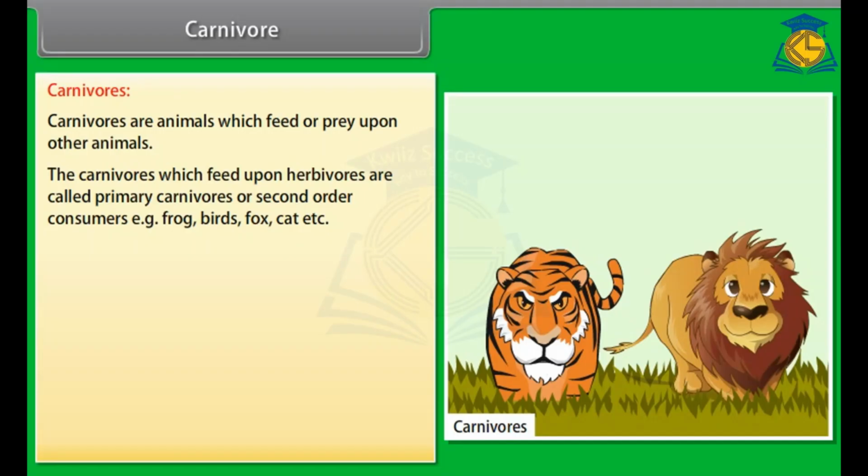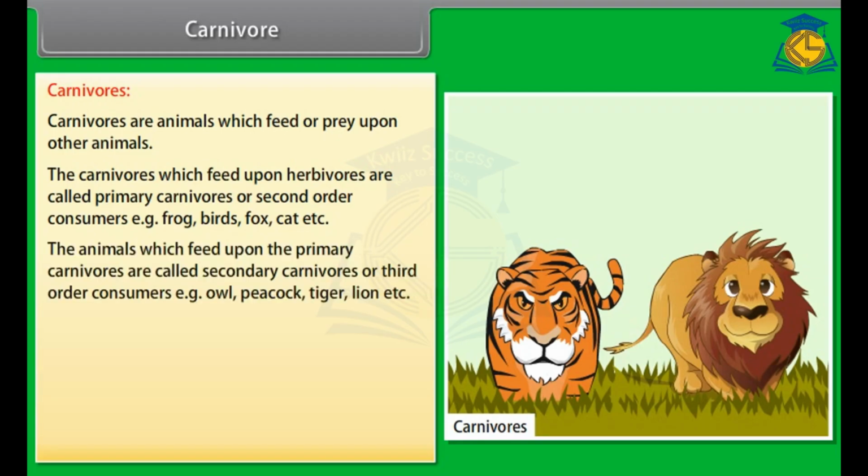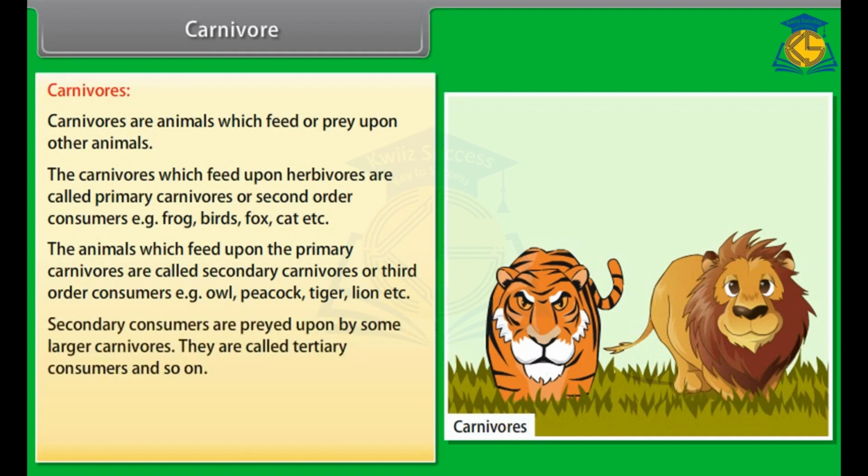For example, frog, birds, fox, cat, etc. The animals which feed upon the primary carnivores are called secondary carnivores or third-order consumers. For example, owl, peacock, tiger, lion, etc. Secondary consumers are preyed upon by some larger carnivores. They are called tertiary consumers and so on.